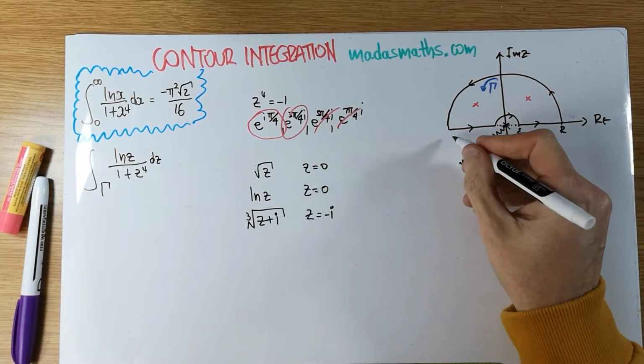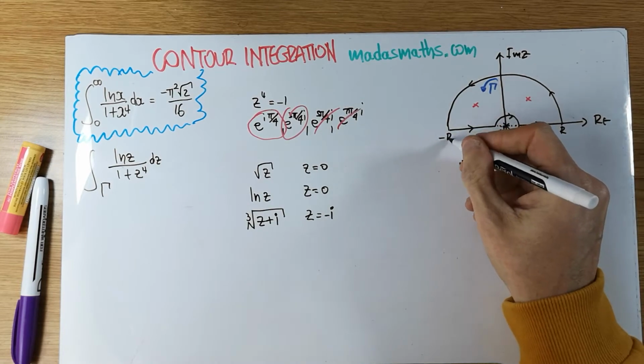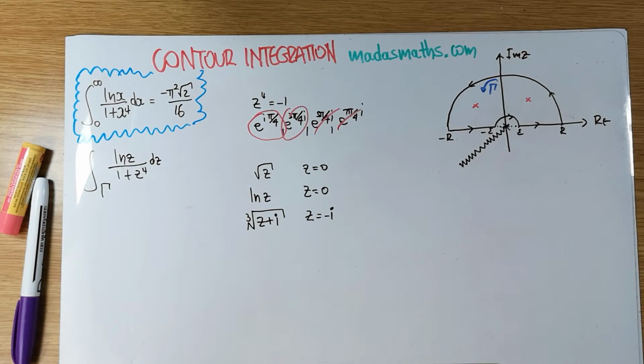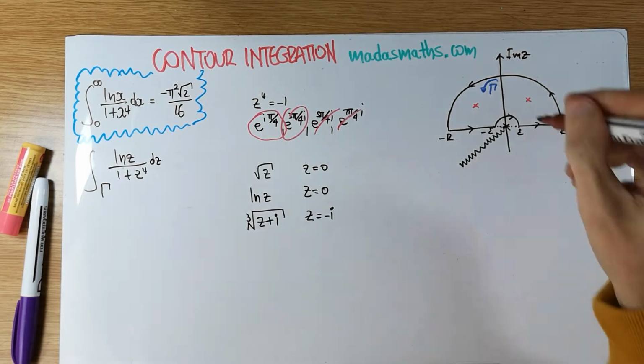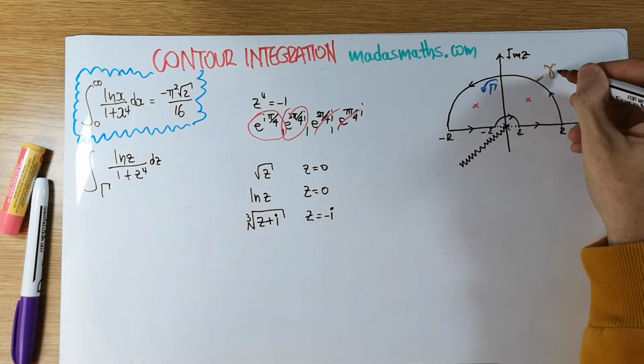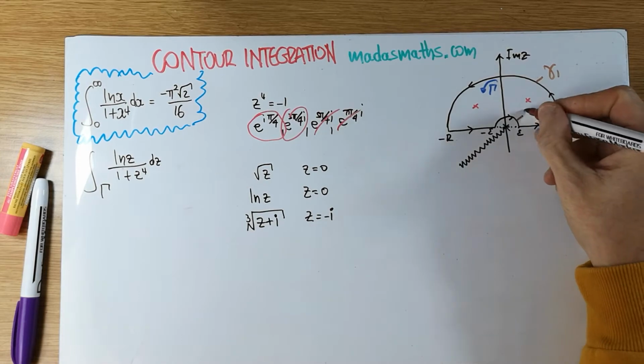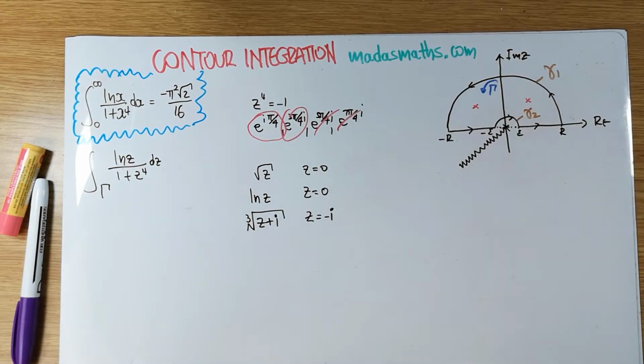Let's do a little bit more labeling: minus r and minus epsilon. And let's label as well what colors we use. Somebody stole the purple pen, so I'll have to use the brown pen, I guess. This is our gamma 1, this semicircular arc here. And this small semicircular arc, let's call it gamma 2.